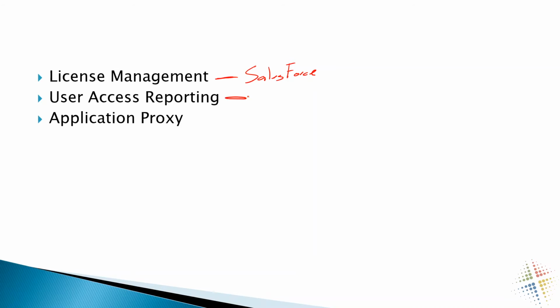You can report on who's accessing that environment, and then the application that was the reverse proxy allows a user to get into your corporate environment from the internet, allowing them to work as if they're in the corporate office, but from a remote location.